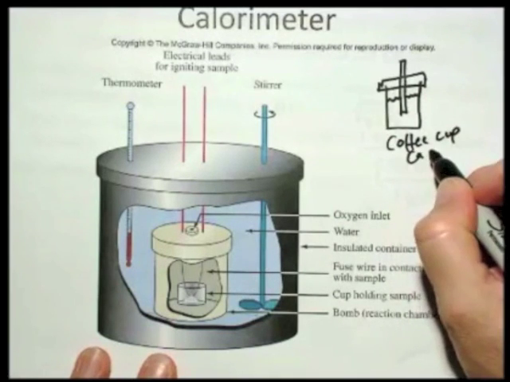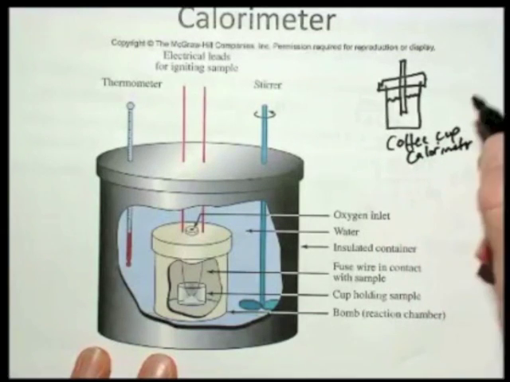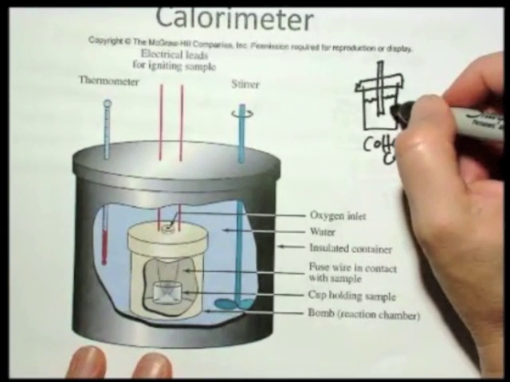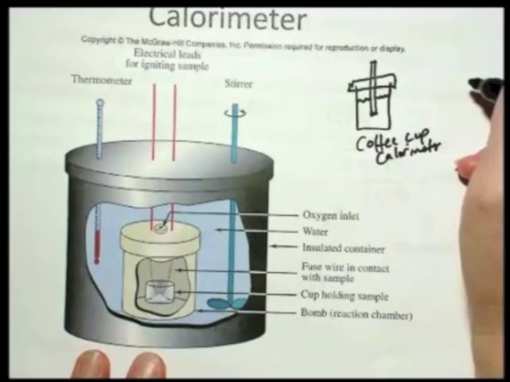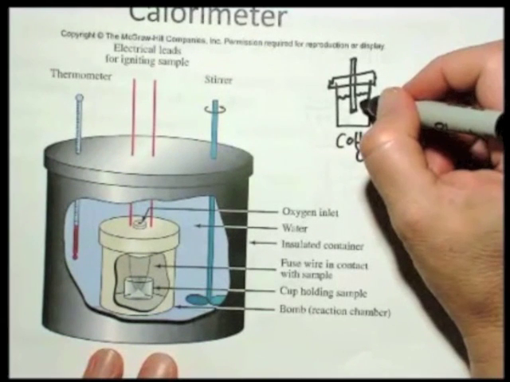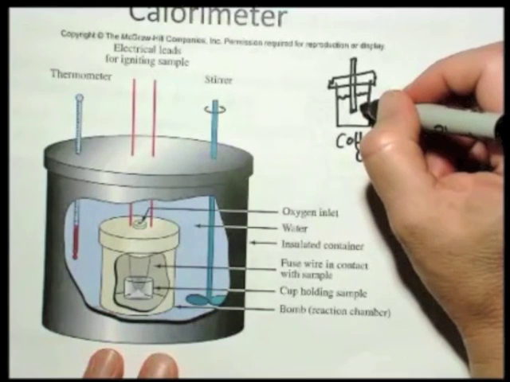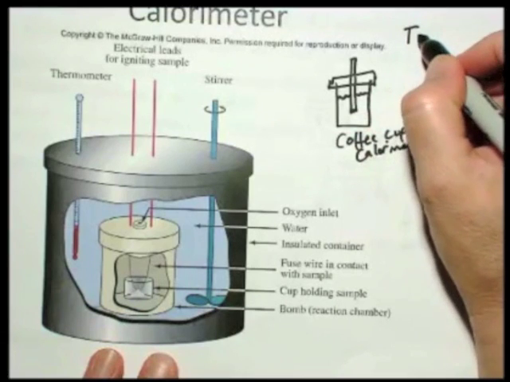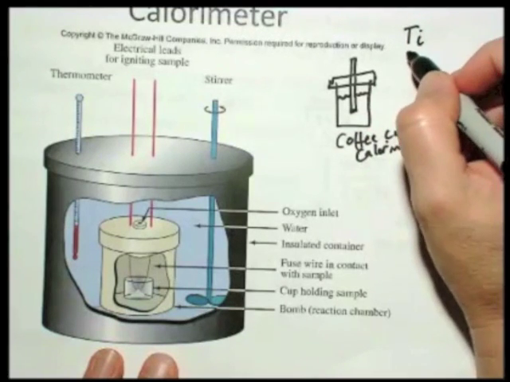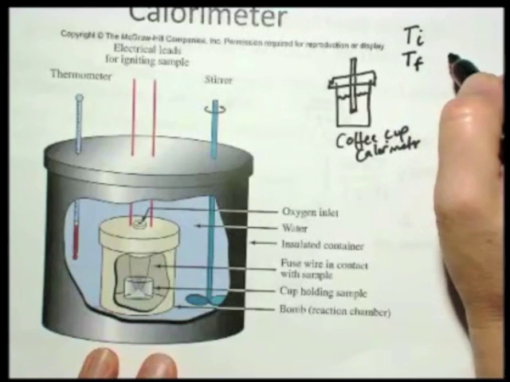All right, and so the way you calculate the amount of heat, or the heat of reaction, using a coffee cup calorimeter is that you would throw the reaction in there and just monitor the change in temperature of the water. You would check the temperature before you start, and that would be your initial temperature, and then you would check the temperature when you're finished, and that would be the final temperature.